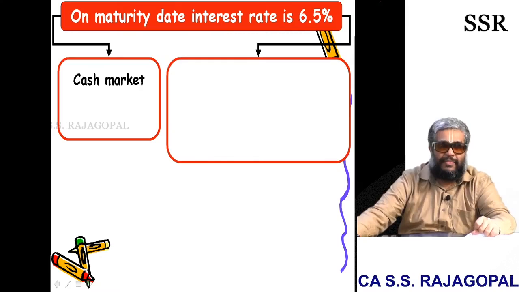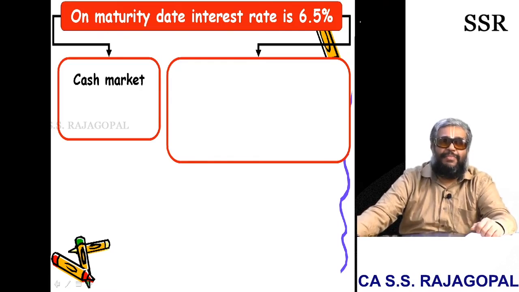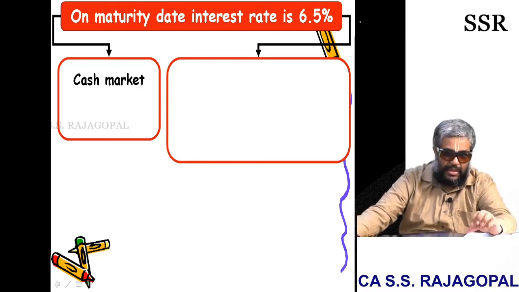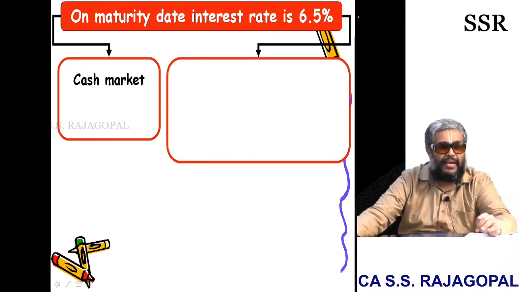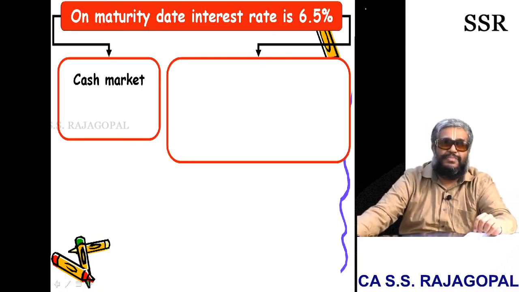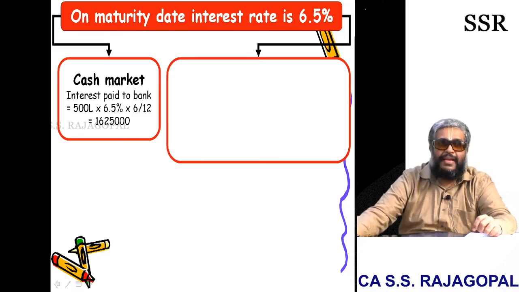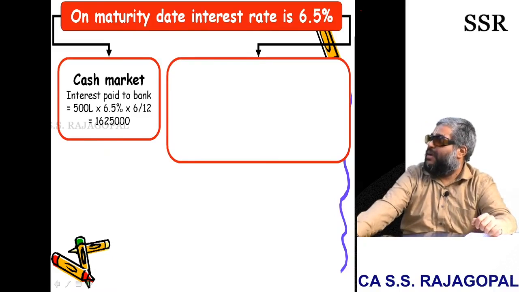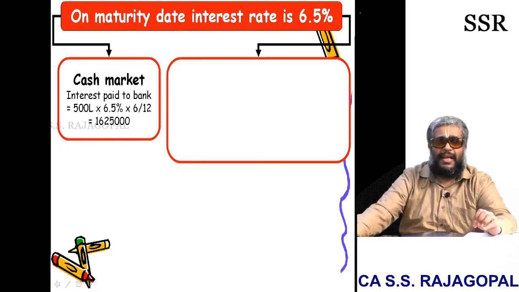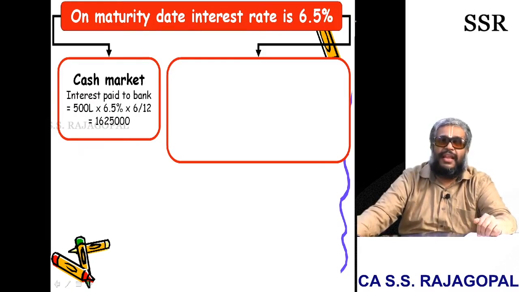In the cash market, borrow 500 lakhs at 6.5% for 6 months. Interest paid is equal to 500 lakhs into 6.5% into 6 by 12, which is equal to 16,25,000.